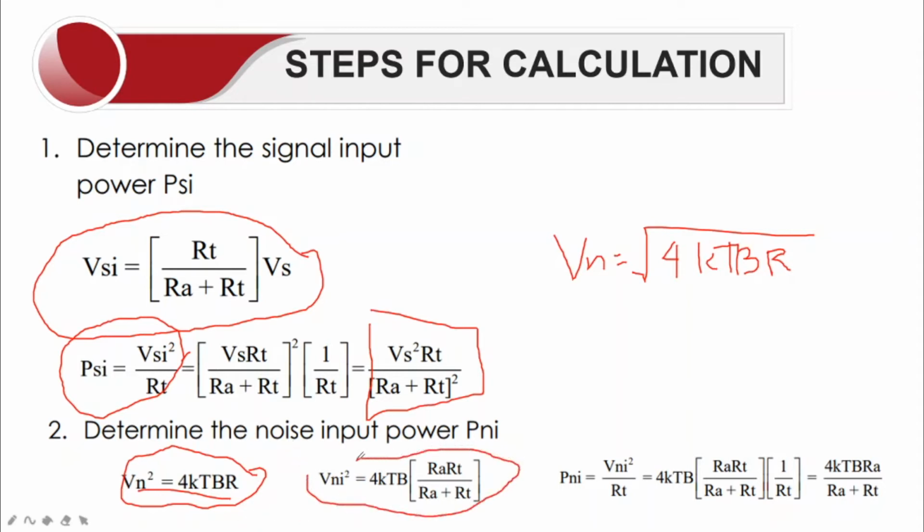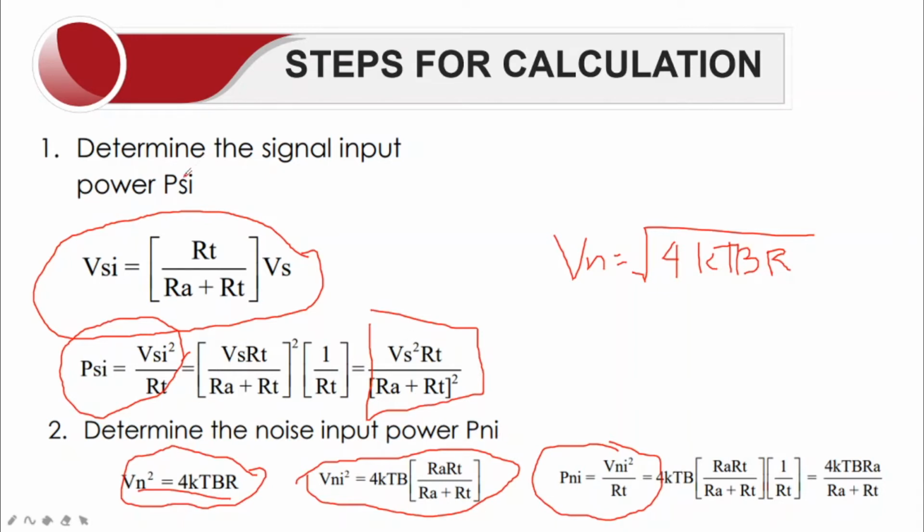So, yung VNI squared ay nanggaling din dito sa Vn squared, pero yung R mo ay gagawin natin RA RT over RA plus RT. Ngayon, kapag nakuha na natin tong ating VNI, pwede na nating isolve yung ating PNI. Again, ano ba yung hinahanap natin dito? PNI. So, ibig sabihin, kapag alam mo to, itong tatlong to, or even itong dalawang to, masasolve na natin yung PNI.